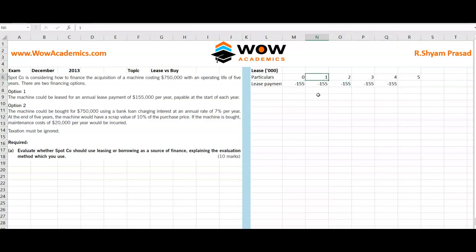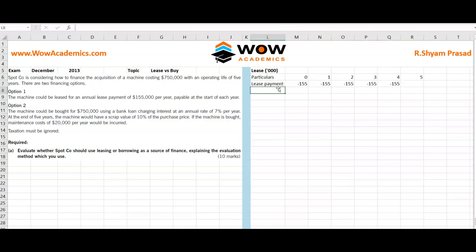The 1 actually refers not to the end of year 1, it refers to the beginning of year 2. So this is beginning of year 1, beginning of year 2, 3, 4, and beginning of year 5. So that's how the cash flows move. So we've got our lease payment numbers. The next is to find out the discount factor.